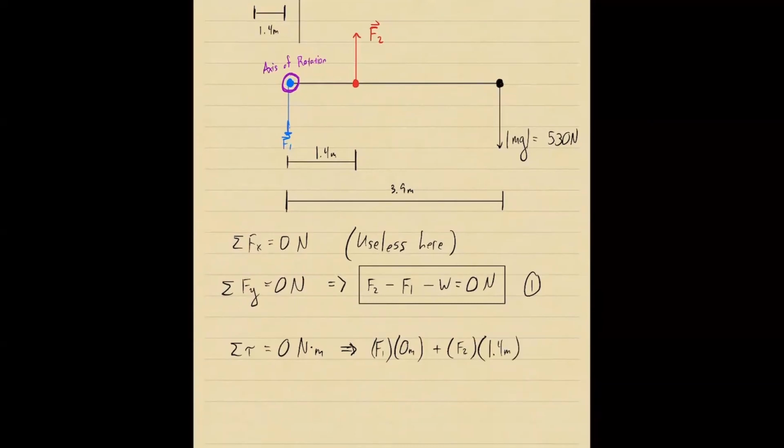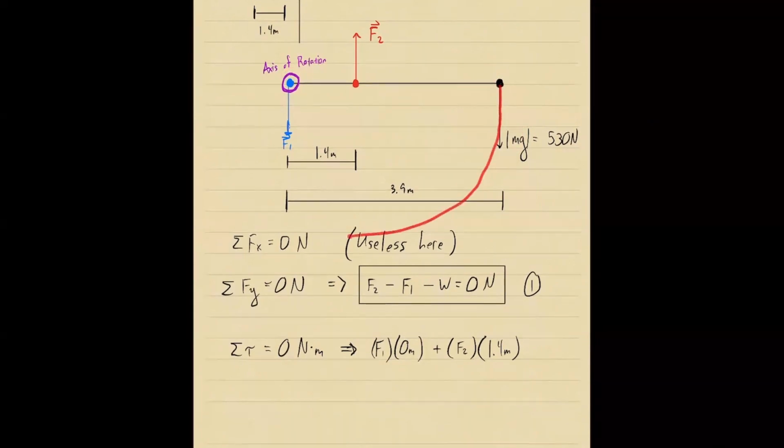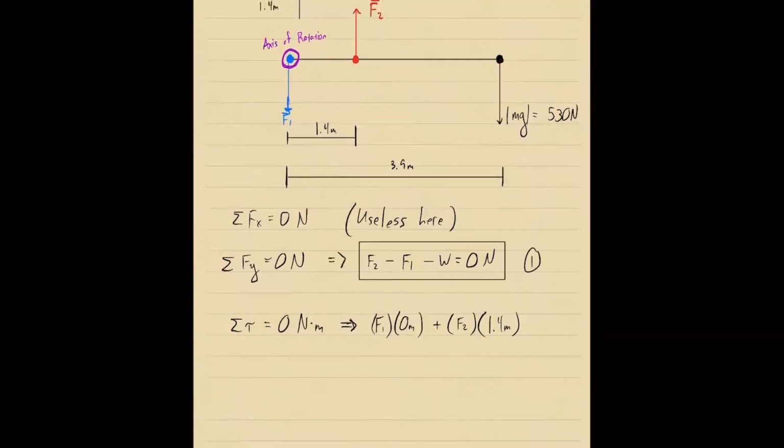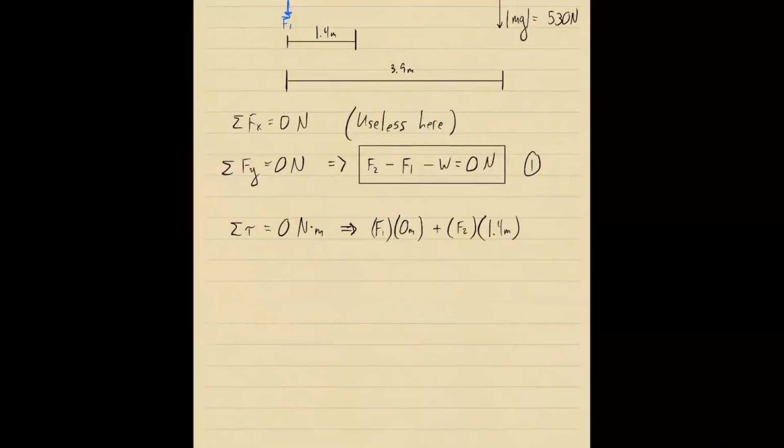Right. And last but not least, we have the weight of the woman. So if the weight of the woman is the only force acting on this diving board, and if this is our axis of rotation, then this weight force is going to make this thing rotate clockwise. So this is going to be a negative torque. Let me actually move this down here so I have enough space to write.